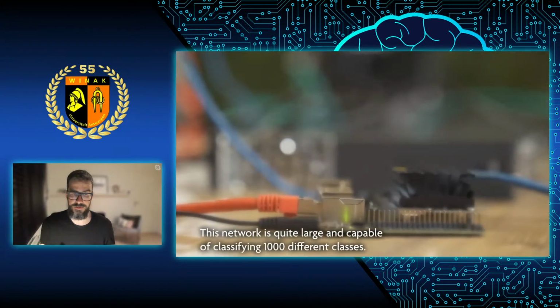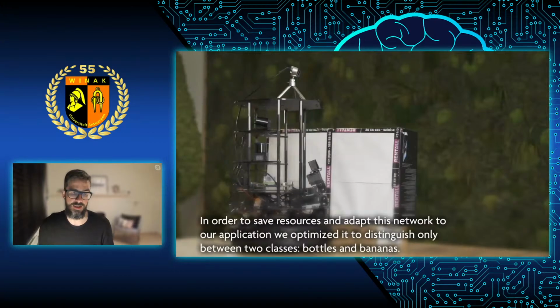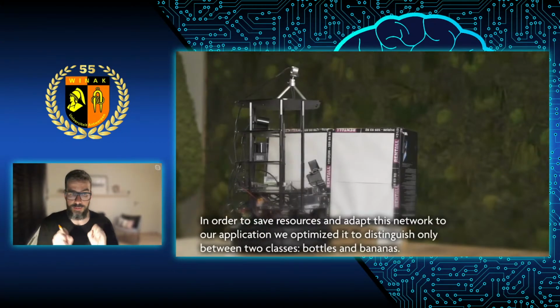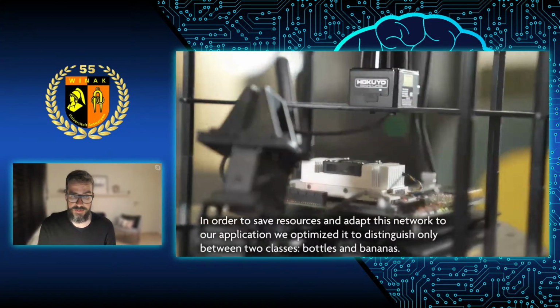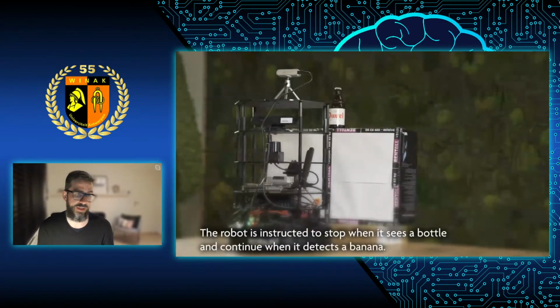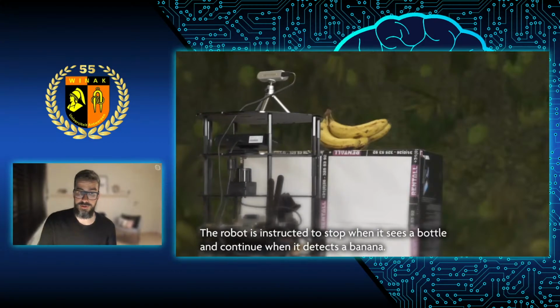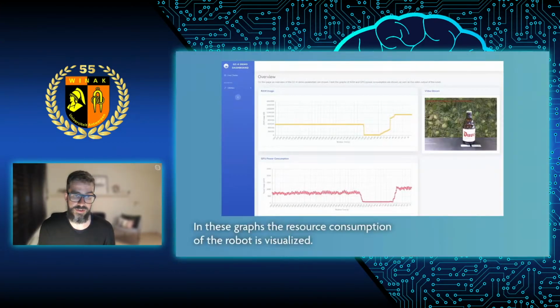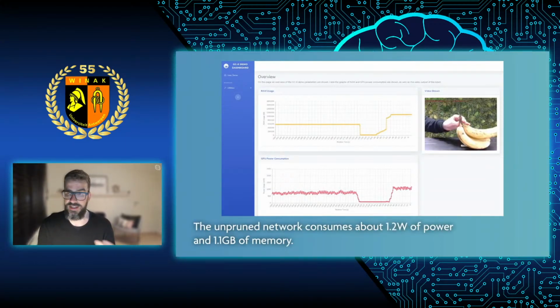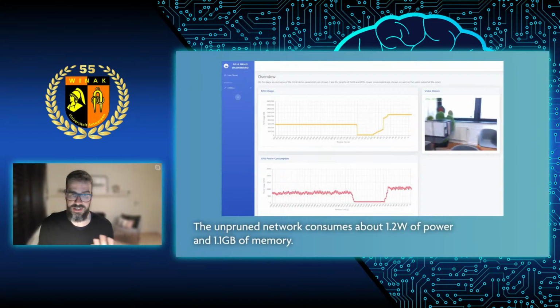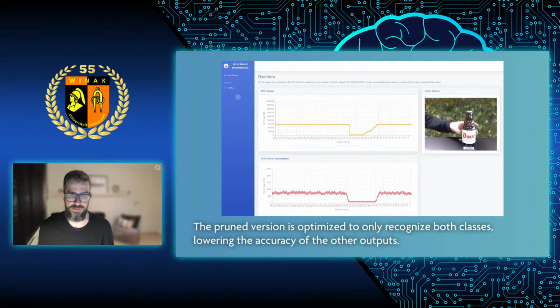We start off with a very big deep learning system, which has this 1 gigabyte of memory and 1.2 watts of power consumption, and then we compressed it so that it fits a very small embedded device on this particular robot. But it also resulted in a drop in what we can detect. Right now we can only detect a banana and a bottle of beer. Pretty simple, more of a toy example, but it resulted in an important power consumption reduction as well.